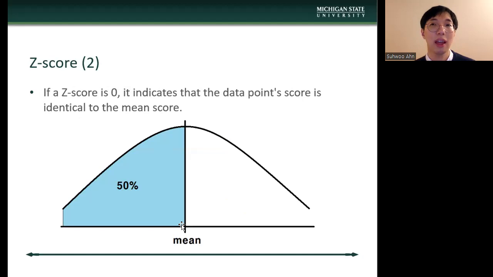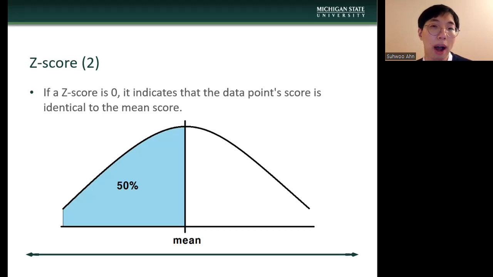So suppose that the COM300 exam 1 average is 80, and I also got an 80. My score of 80 is the same as the average of 80, so my z-score is 0, because my score is the same as the average of the total students.